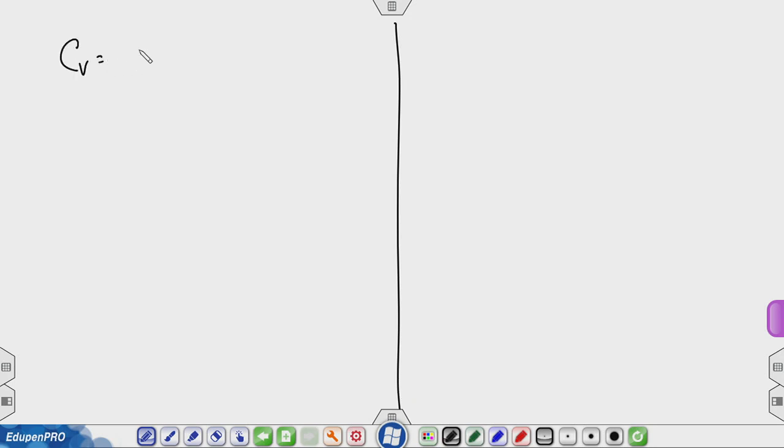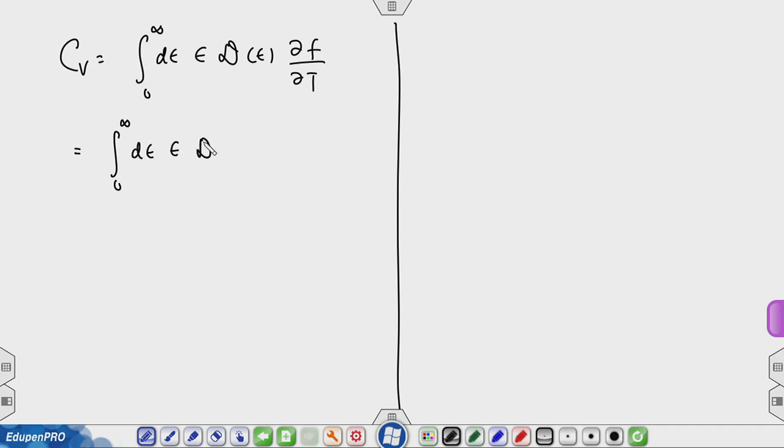Cv equals the integral from 0 to infinity dE E g(E) del f del t, which I can write as the integral dE E g(E) times some function.